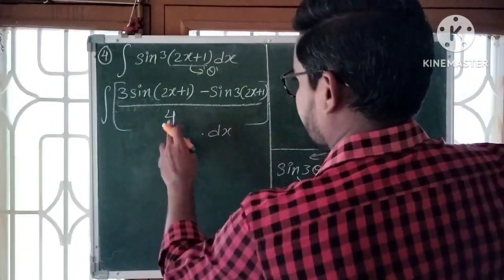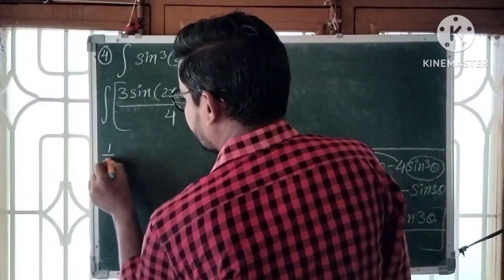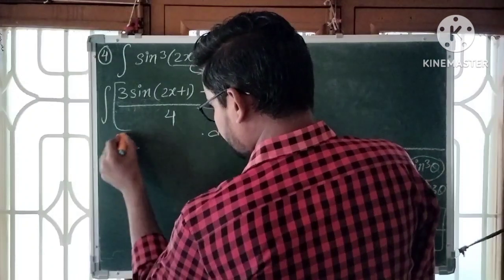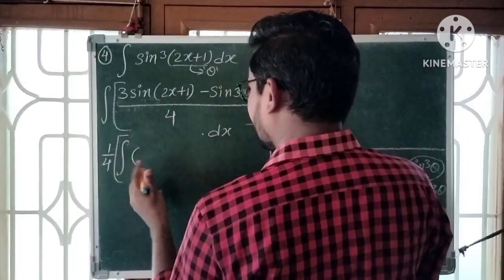Next, take 1 by 4 out of the integral. Next, distribute the integral.